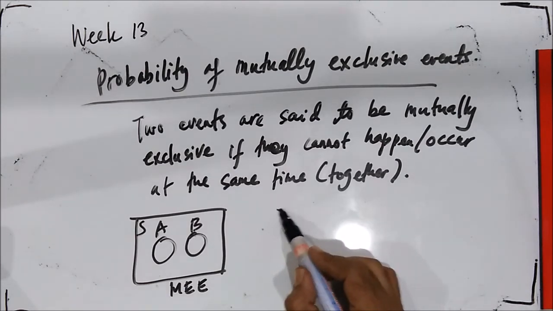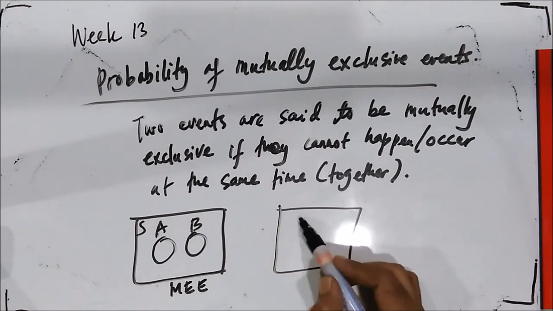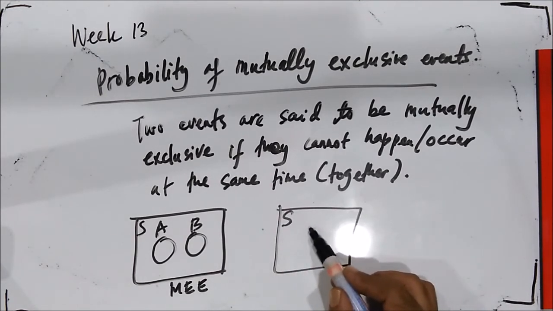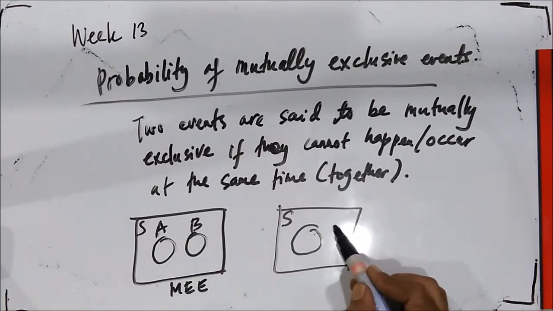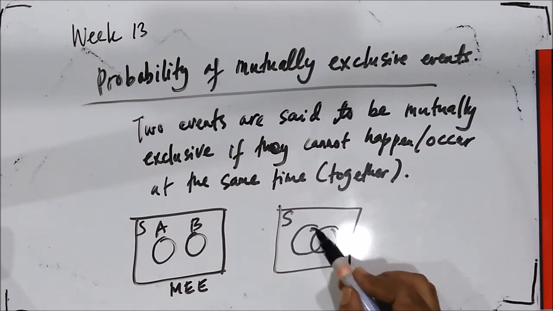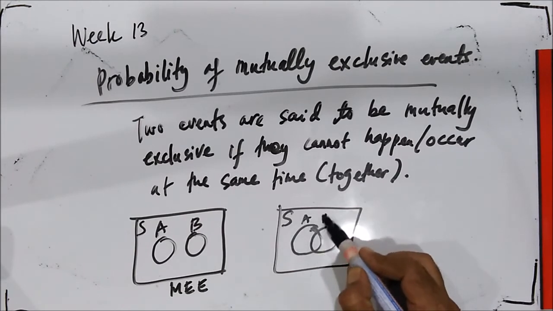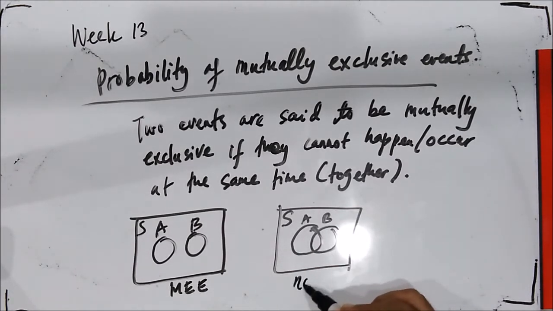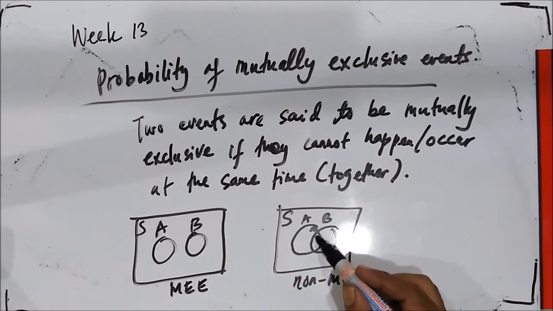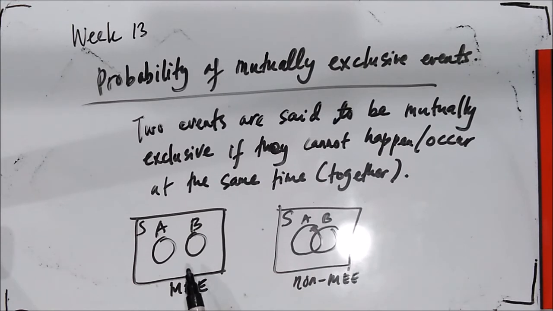And if I have here a sample space, with event A and event B, and there is overlapping here, so here is A and B. This is known as a non-mutually exclusive event, because they can occur together. In the other diagram, they cannot occur together. So this is a non-mutually exclusive event, and here is a mutually exclusive event. Therefore, mutually exclusive events cannot occur together.